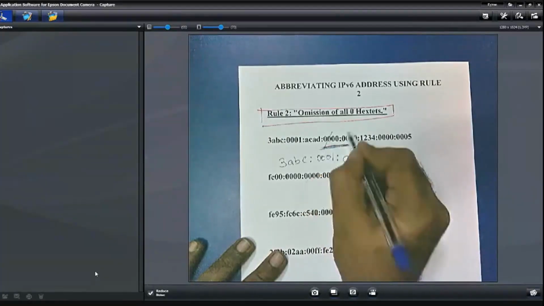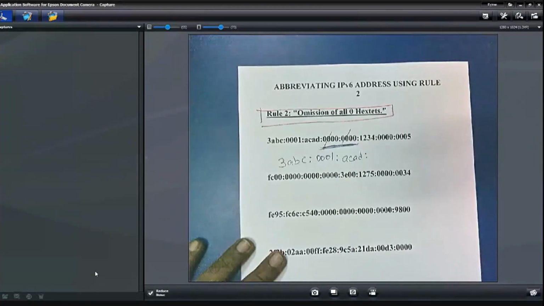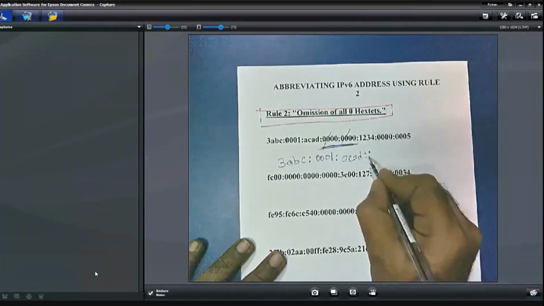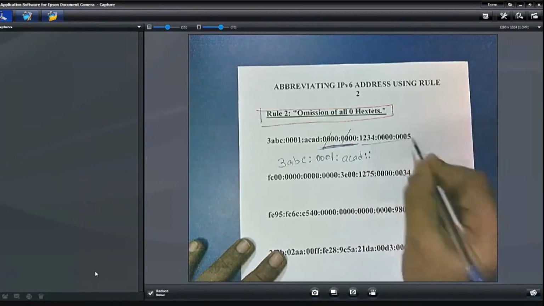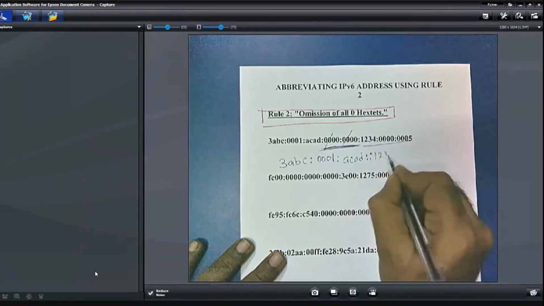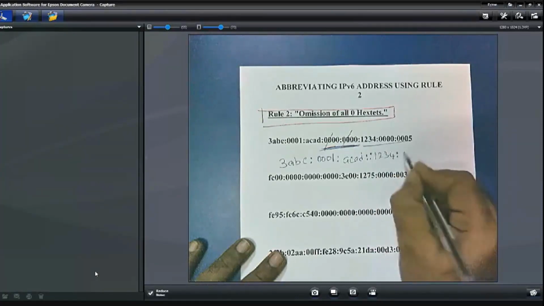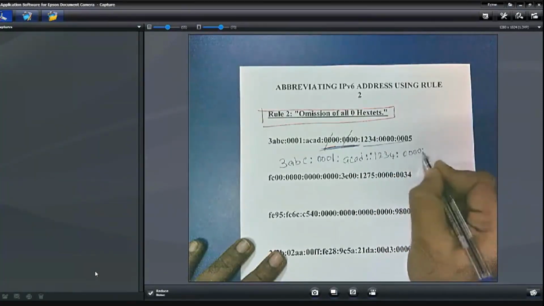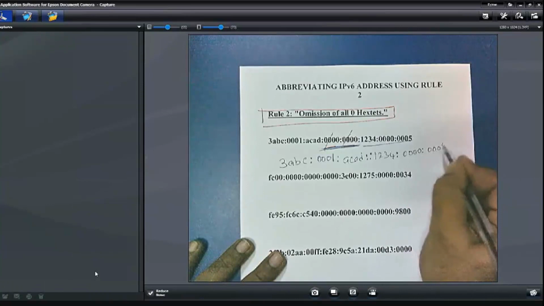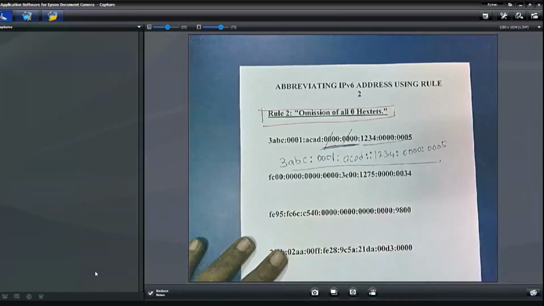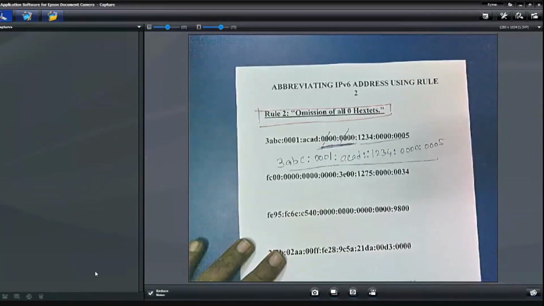So I can remove this. Now I'm going to put a double colon. After this, whatever comes, I'm going to write: 1, 2, 3, 4. Colon 000 colon 0005. This is called omission of 0 hextets.